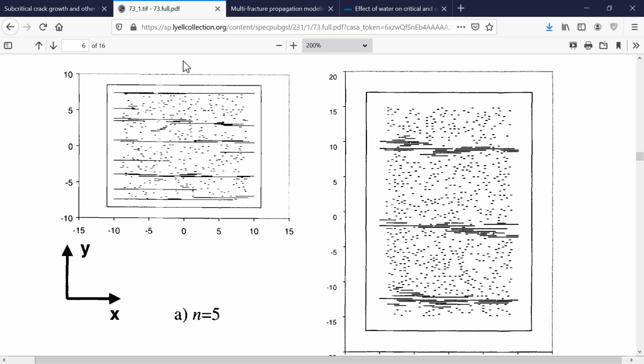Basically here we have pulling in direction y, so that you have open mode fractures that propagate in direction x.